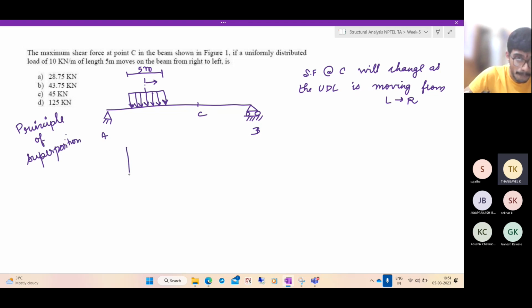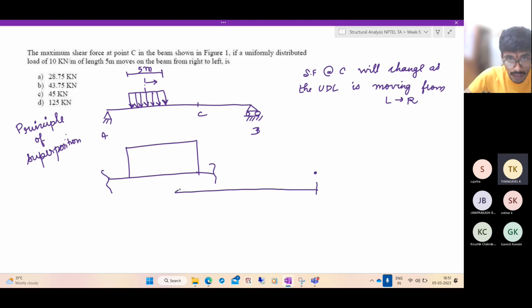So this UDL is acting in a rectangular block like this, in a section of the beam, and somewhere here is the point C. If you take a small strip of the beam, because of the UDL, it will exert a force w dx.